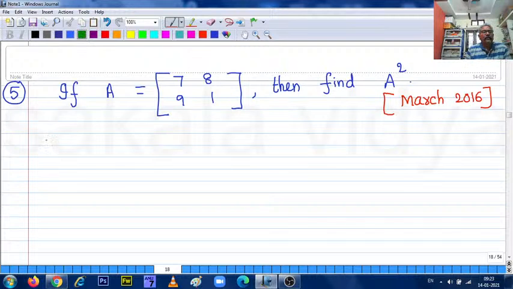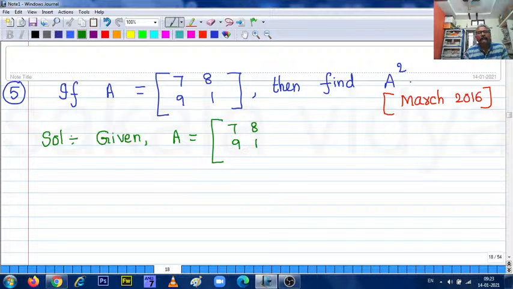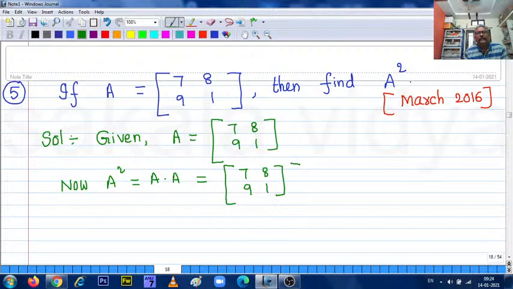So now how to find it? See, first step, write down A equals 7891. Now A square, by the definition, A square equals A into A. So that is equal to 7891 multiplied with 7891.